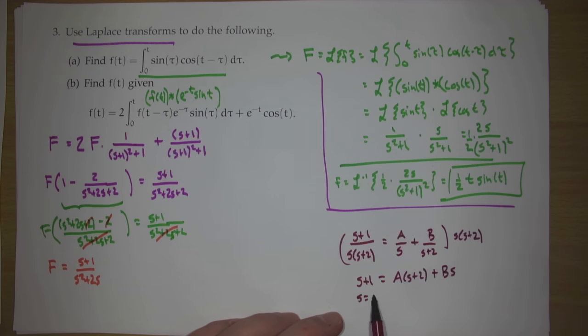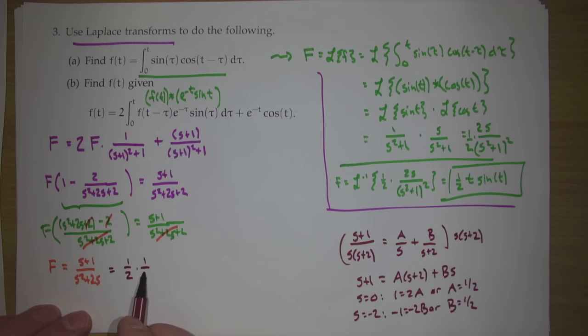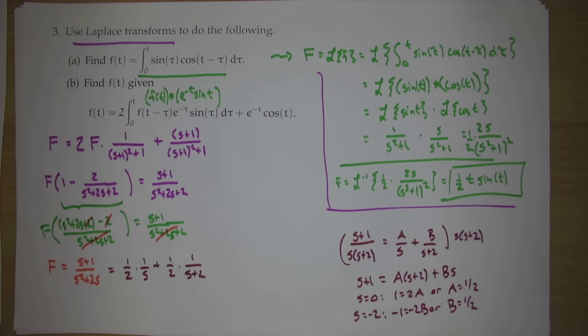We make good choices like s equals 0: 1 equals 2a, or a equals a half. s equals minus 2: minus 1 equals minus 2b, or b equals a half. And so this is the same as a half times 1 over s, plus a half times 1 over s plus 2. And now we're ready for the Laplace inverse.